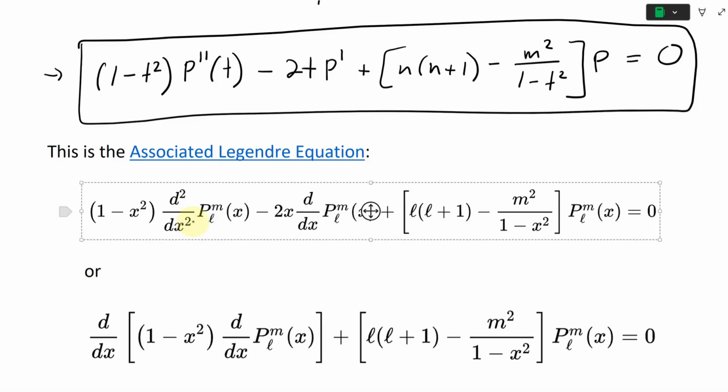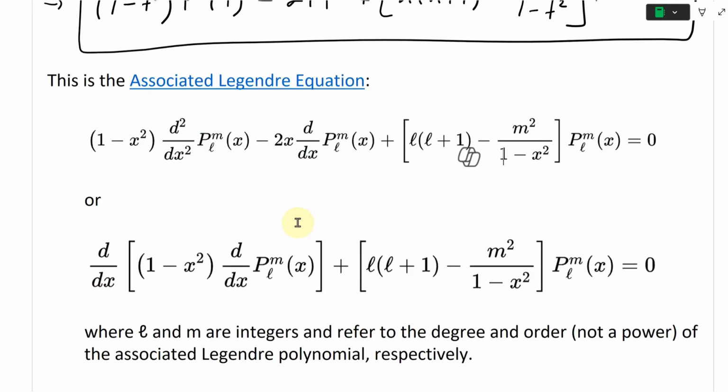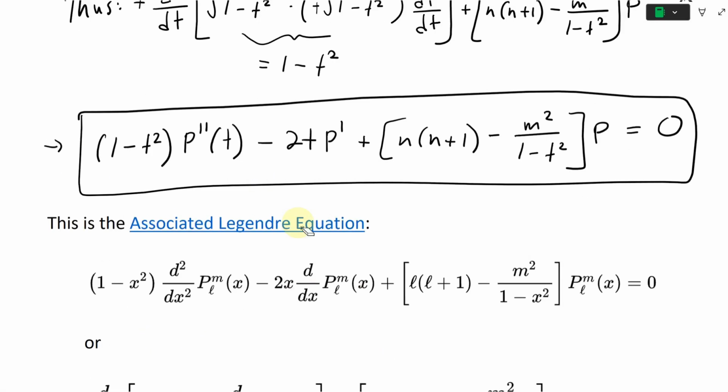And they write this P_L^M setup there. Notice the P_L^M, that's because there's L and there's M here, but now we're using n. So in our case, we use n and t instead of L and x, but we keep the m there. Then there's minus 2x, that's the 2t. This is the derivative dP over dx, that's just p prime.